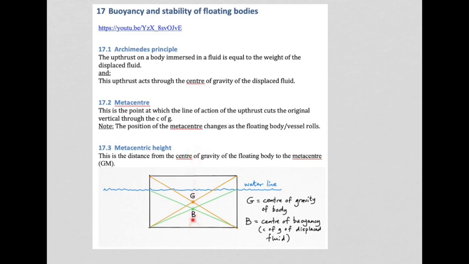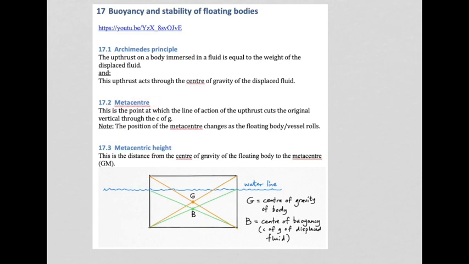That would be the original vertical through the center of gravity. Now when this vessel is displaced in roll, in other words it leans over a little bit clockwise, a little bit anti-clockwise, that original vertical is rotated slightly. Now if you take the upthrust, which remember acts through B, and you take a line vertically upwards, where that line of action cuts that original vertical is this new very important point called metacenter.